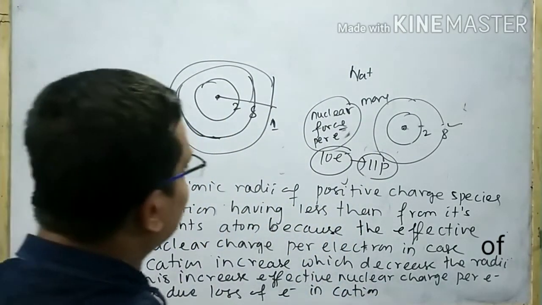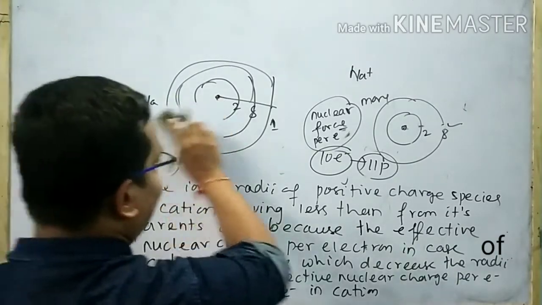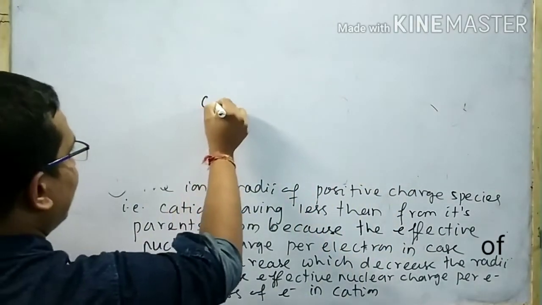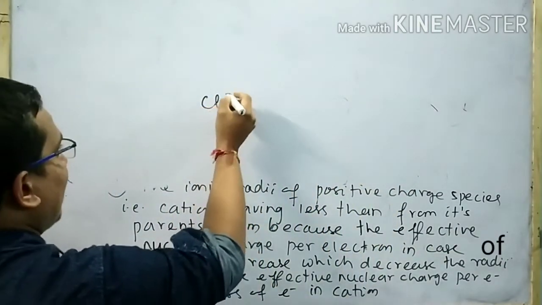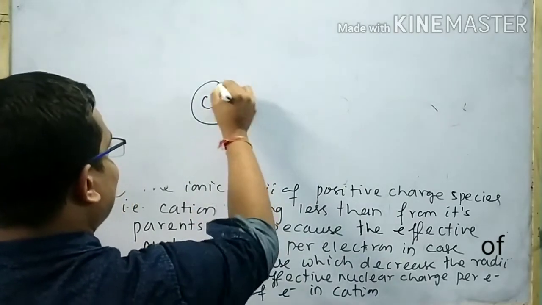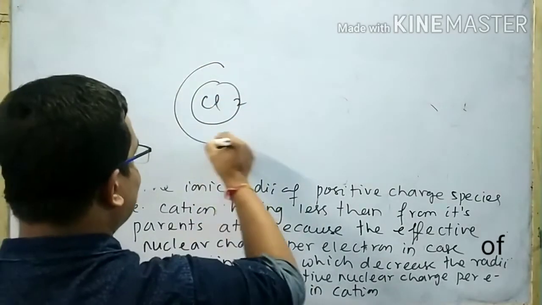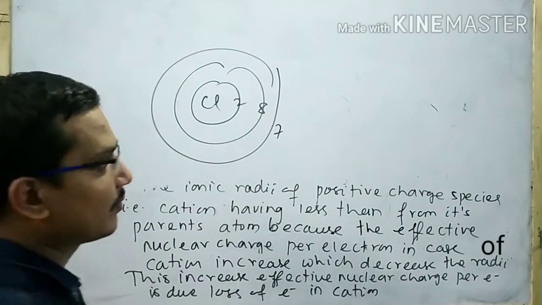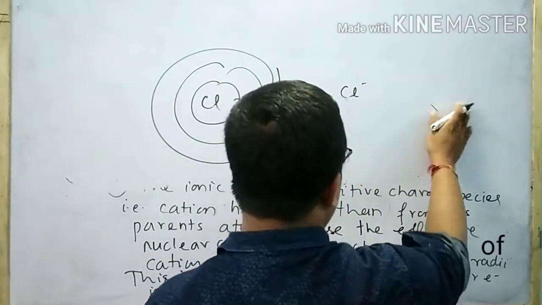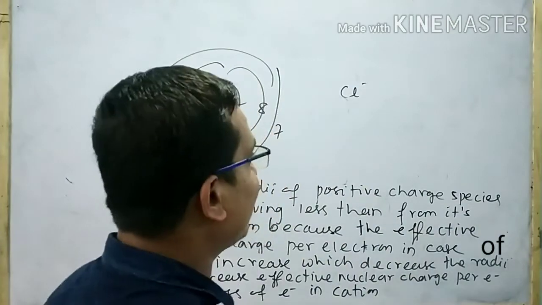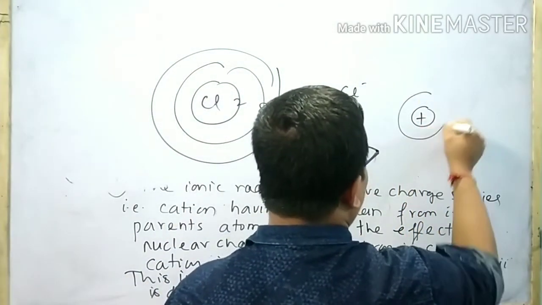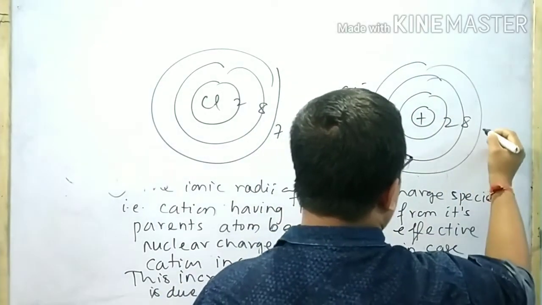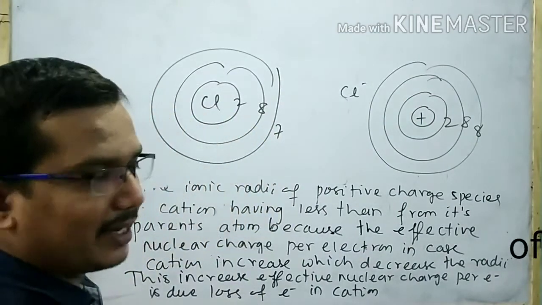Similarly, if I want to think about the radii of an atom and an anion, suppose we take chlorine having 17 electrons: in the K shell 2 electrons, in the L shell 8 electrons, in the M shell 7 electrons. Suppose I want to think about Cl minus. There are 18 electrons present in the Cl minus ion. In the K shell 2 electrons, in the L shell 8 electrons, in the M shell also 8 electrons.